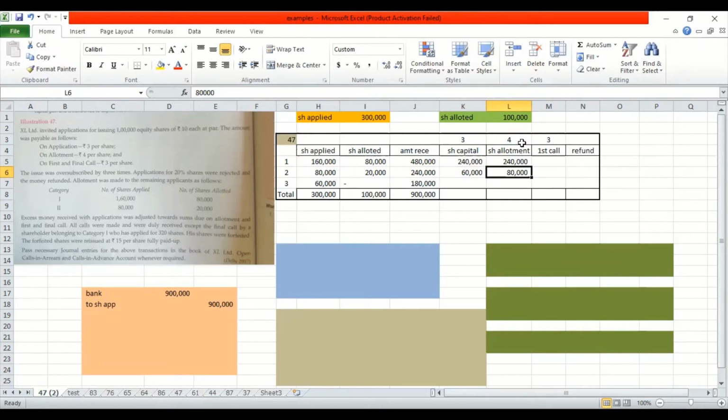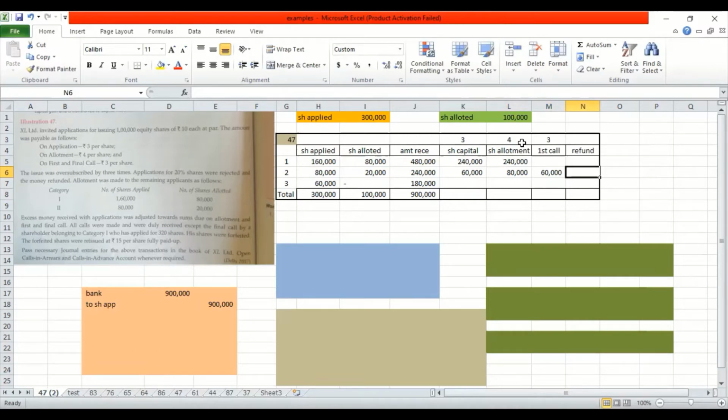So I put 80,000. So 2 lakh 40 minus 60,000, you got 1 lakh 80. Out of 1 lakh 80, 80,000 has been sorted. Still 1 lakh is there. Can you transfer 1 lakh over here? First call, no, because 3 2s are 6. 60,000 is what the amount is there.